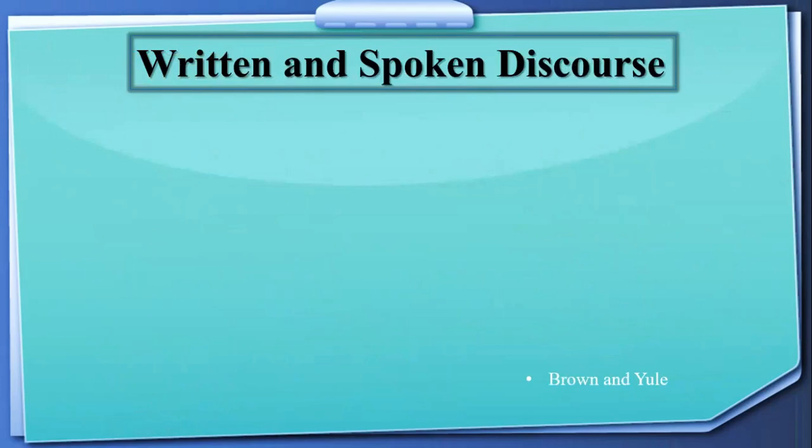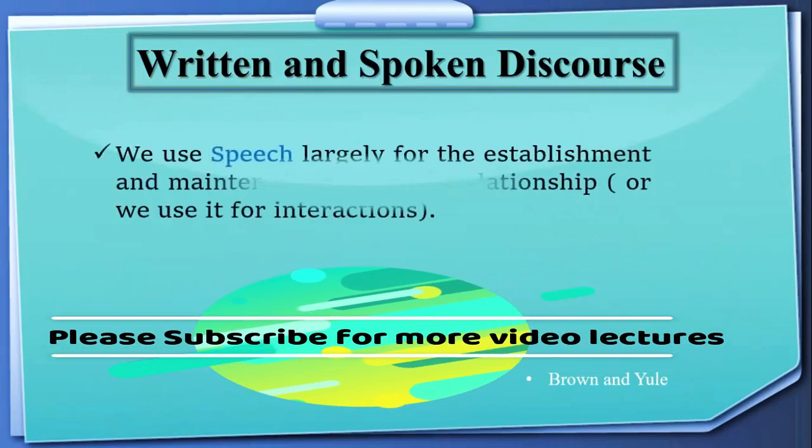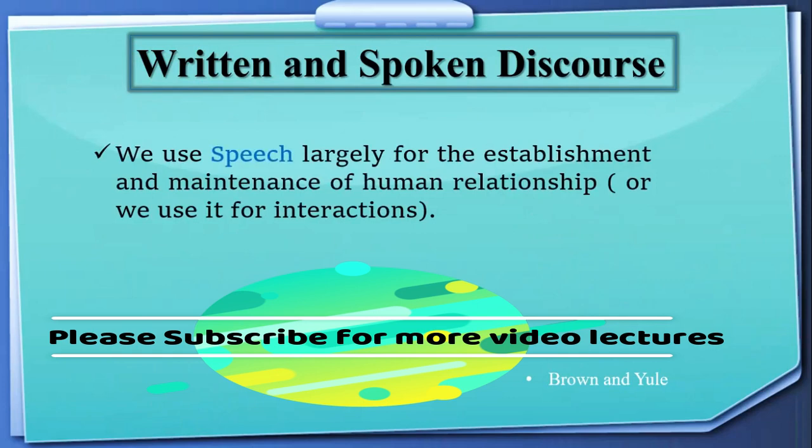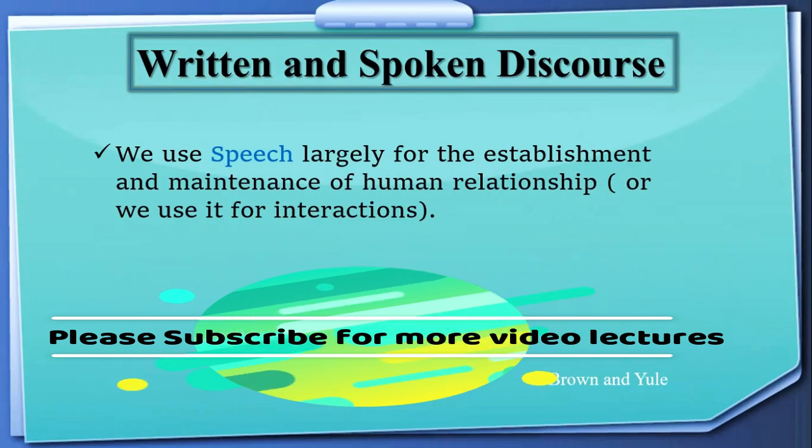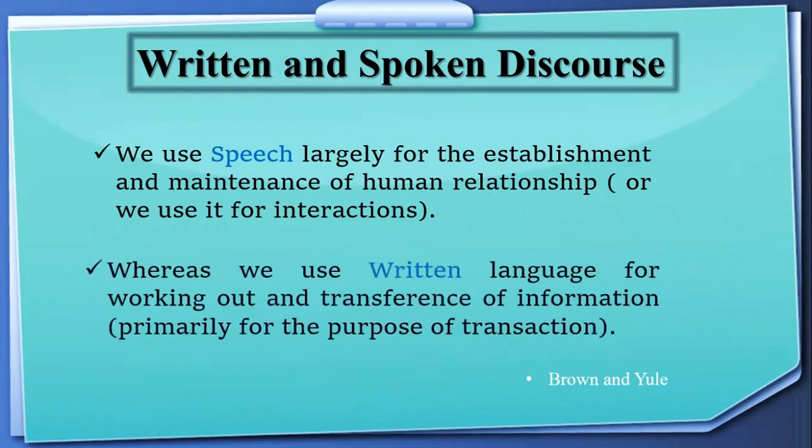Here is the definition given by Brown and Yule. We use speech largely for the establishment and maintenance of human relationships, or we use it for interactions. So when we talk about spoken discourse, it is usually used for making relations or interactions with people, whereas we use written language for working out and transference of information, primarily for the purpose of transaction.